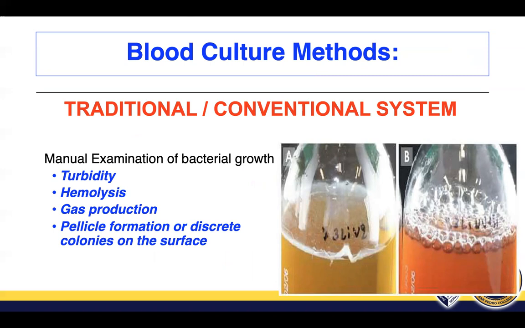What we usually watch out for to know if there's bacterial growth is turbidity. Initially, this culture media is clear yellow. Now it's turbid. Hemolysis is also a positive sign of growth.